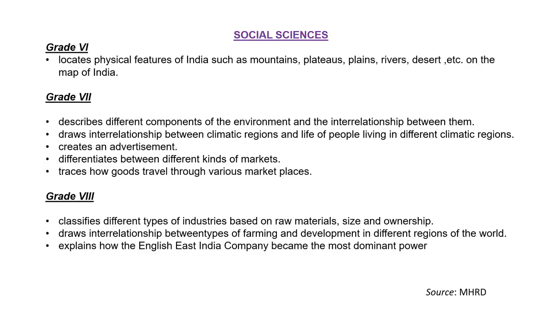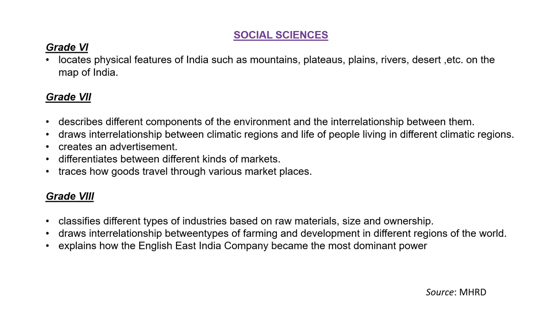Social sciences again, physical features, where is the tea grown, why does it grow in a particular environment, interrelationship of different elements in an environment, creating an advertisement, differentiating between different kinds of market, etc. And even in history, for example, how did the East India Company become a most dominant power?